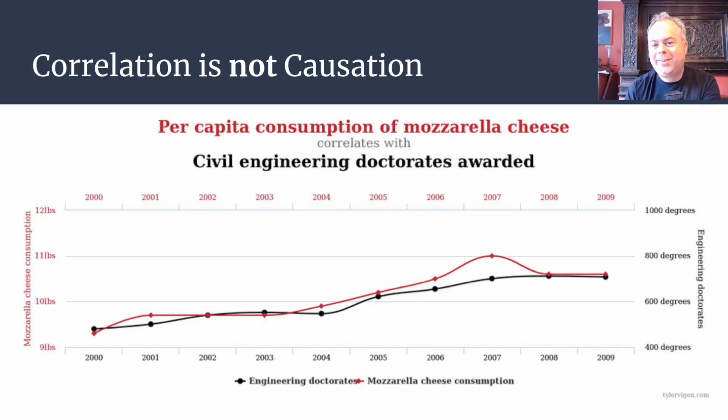Staying on the cheese theme, per capita consumption of mozzarella cheese correlates with the number of doctorates awarded in the discipline of civil engineering in any one year. As mozzarella cheese consumption goes up, so too do the number of civil engineering doctorates. Again, a completely spurious correlation.